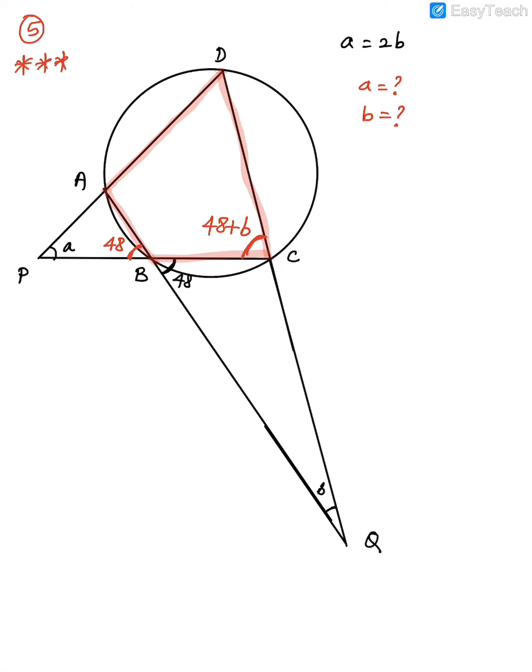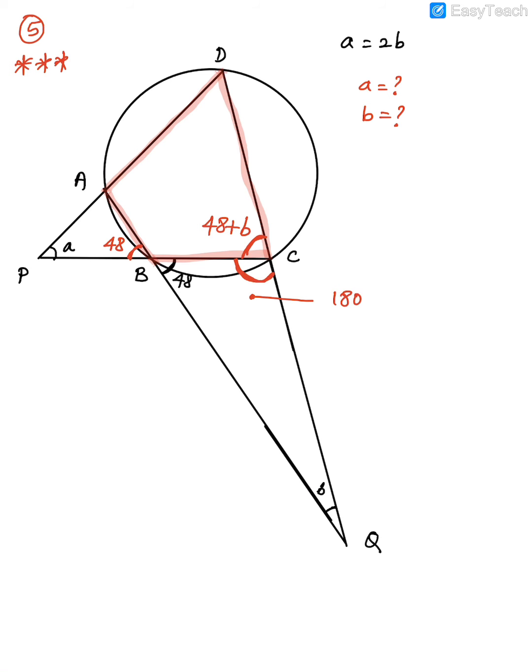Guys, those who are finding it difficult to understand the exterior angle property of triangle BCQ, if you're not understanding how I got 48 plus B, I'll tell you another method. First, find out angle BCQ. How will you find out angle BCQ? The sum of angles in a triangle is what? 180 degrees, right? So what will this angle be?